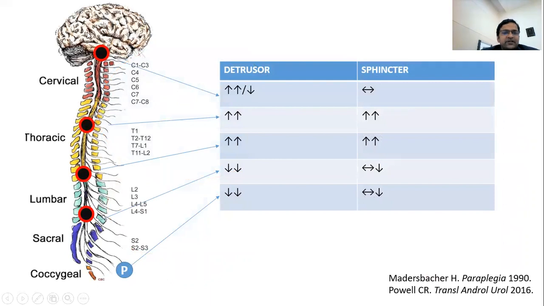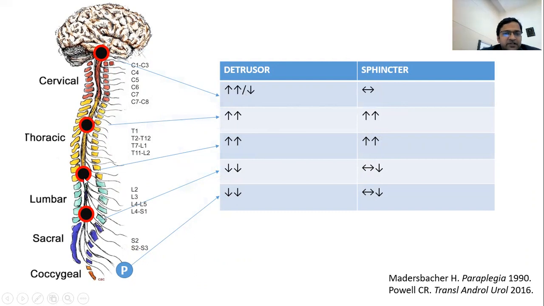So what is the implication of these 4 dots? Any lesion which is above the first will lead to detrusor overactivity, but a coordinated sphincter. Any lesion above the second point will lead to detrusor overactivity as well as hyperactive sphincters, both bladder neck and external sphincter.